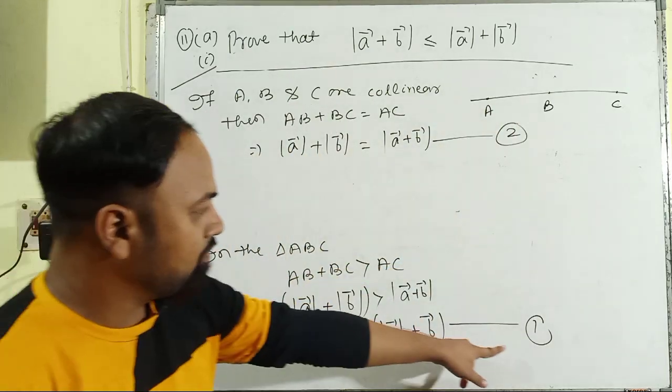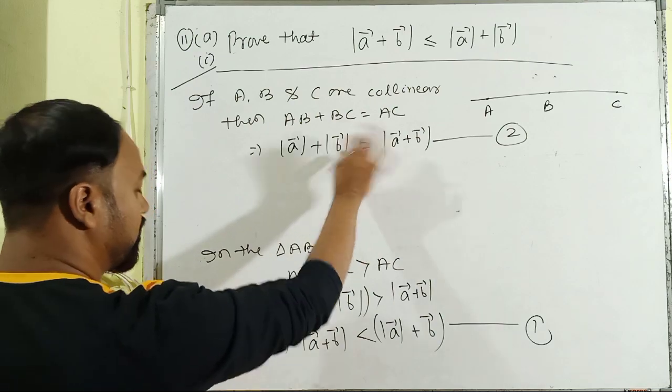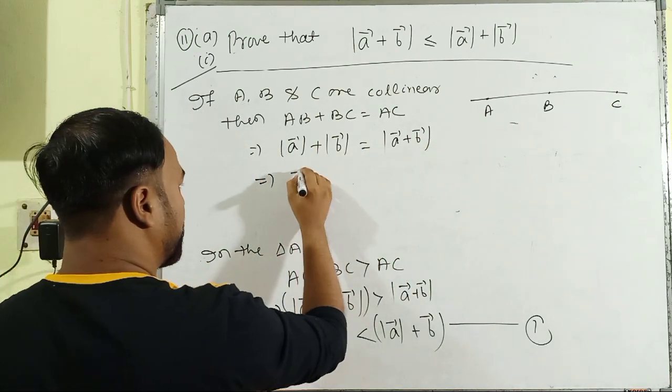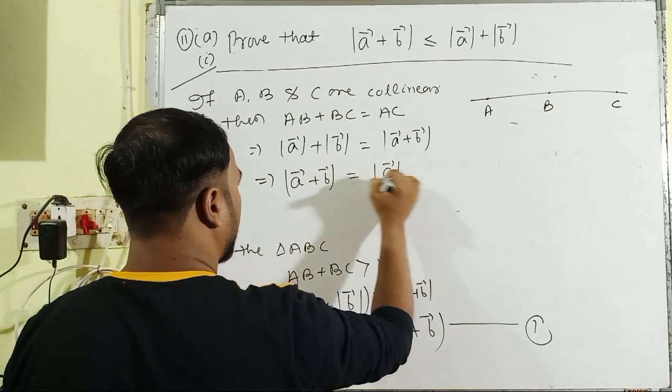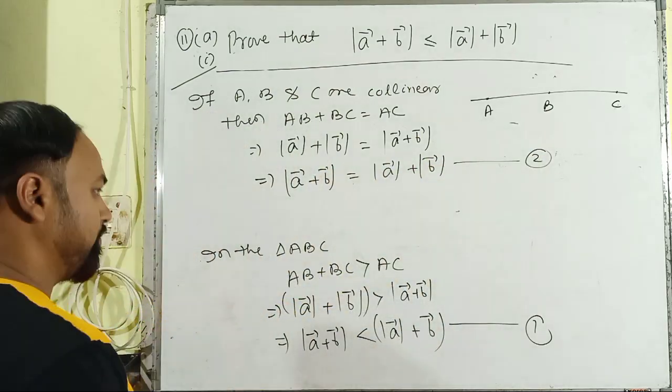So from case number 1 and case number 2, let us change the sides. The magnitude of A vector plus B vector is equal to the magnitude of A vector plus the magnitude of B vector, and it is equation number 2.